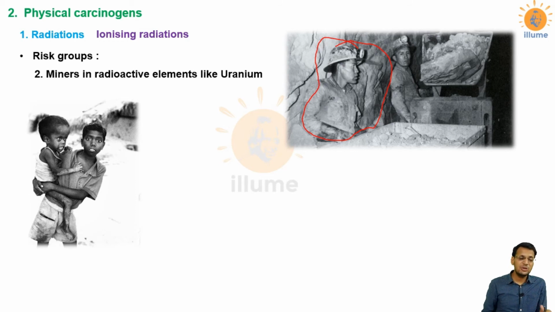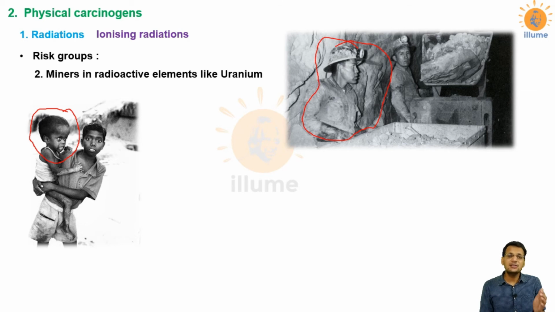As you can see in this picture, this child has an abnormal size of head. That is a birth defect that is seen in people living in the nearby areas where uranium or some other radioactive elements are extracted, and all this happens because the standard protocols are not followed during the excavation and during the use of uranium, the way it is transported.